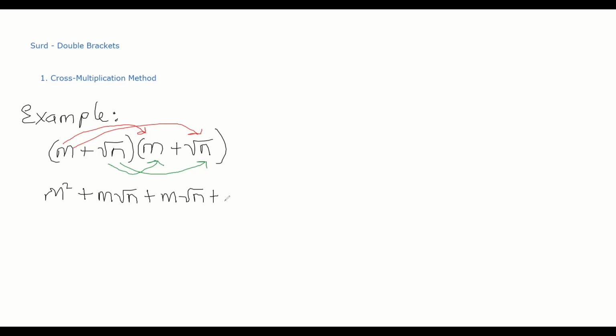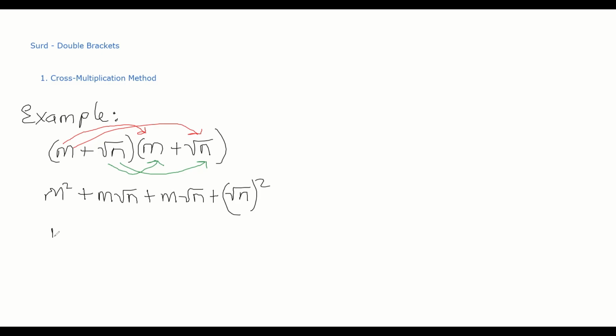But just to make it easier, not to confuse anyone, I'm going to call it root n squared. It's like saying x times x, giving you x squared. That's what I've done here. So let's simplify this further.